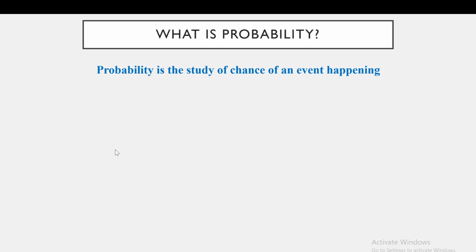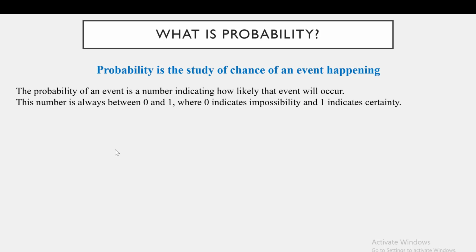What is probability? Probability is the measure of the chance of an event happening. The probability of an event is a number indicating how likely that event will occur.